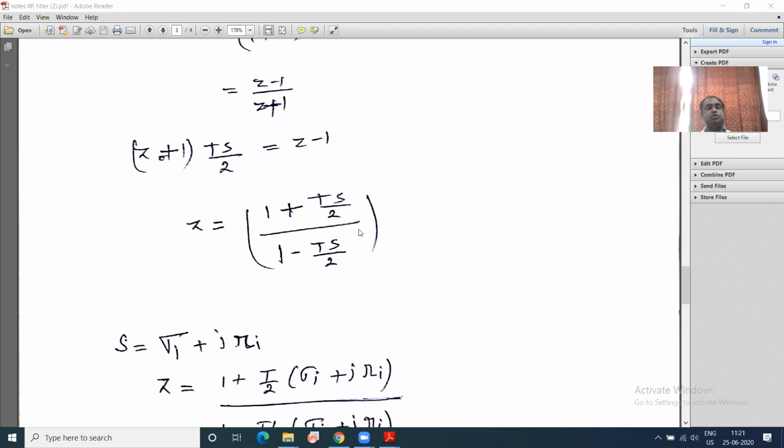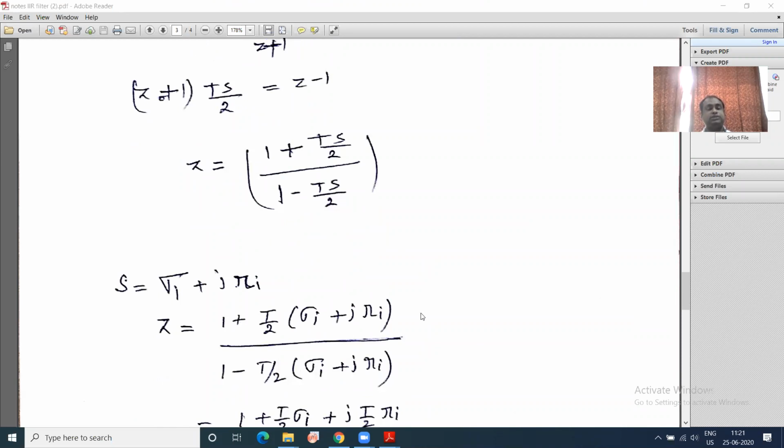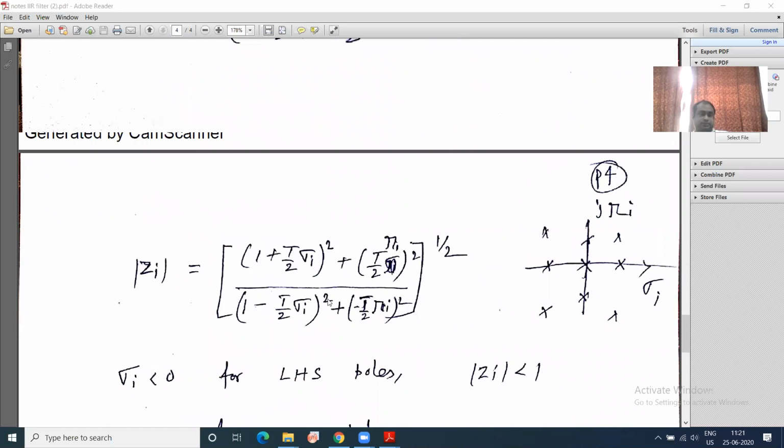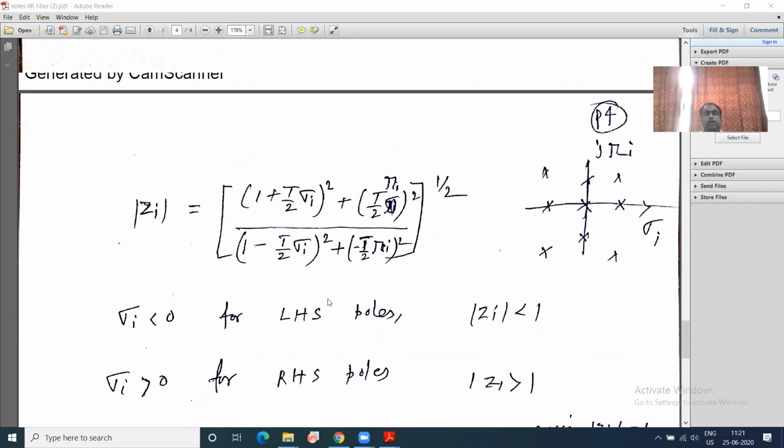Then if I substitute S equal to sigma i plus j omega i, then I will get Z equal to this. And if I take the magnitude, I will get it like this. Now, for left half S plane poles, this sigma i is negative. When sigma i is negative, then your denominator becomes more compared to the numerator, which means that magnitude of Zi will be less than 1.